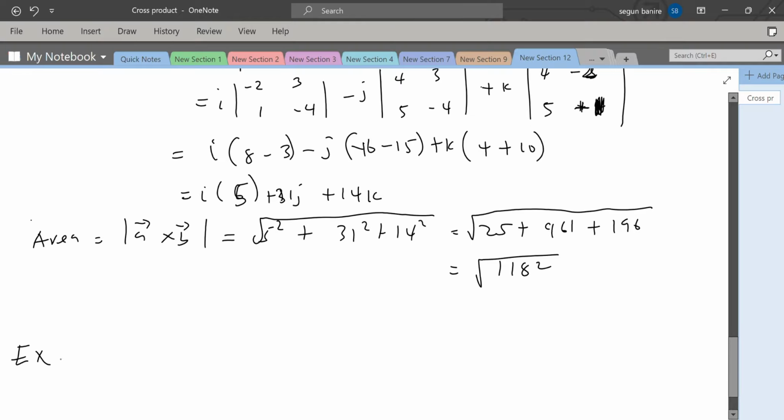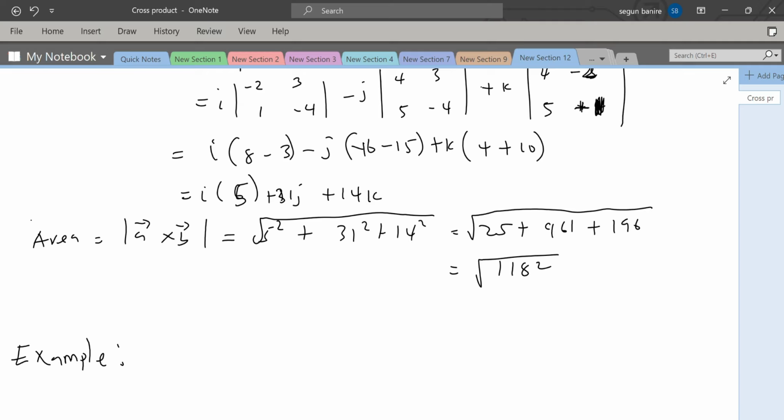So example 2, let's solve one that involves a triangle.